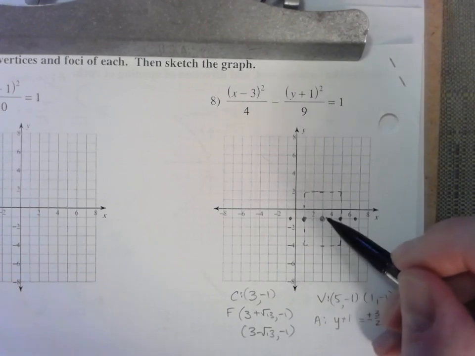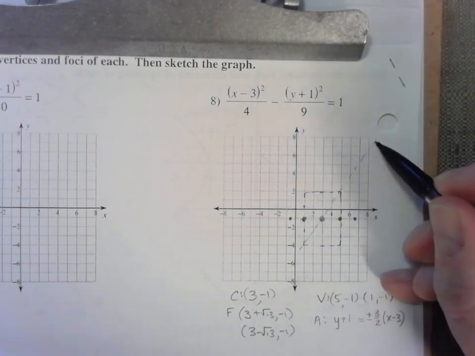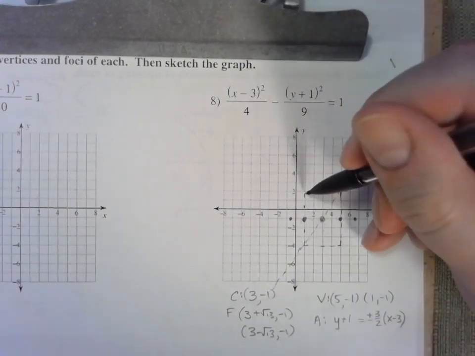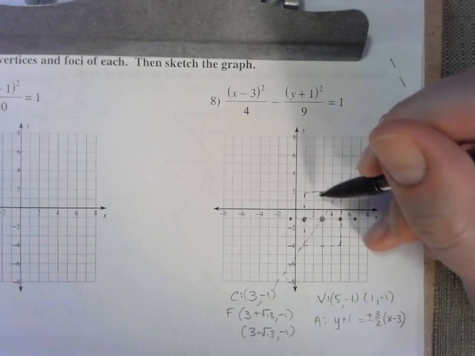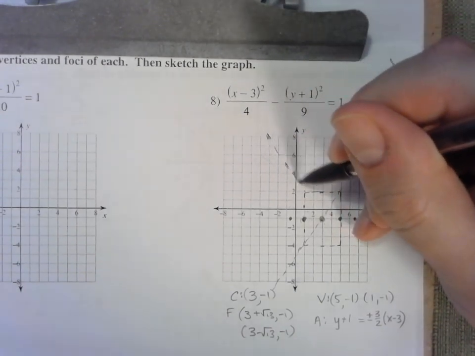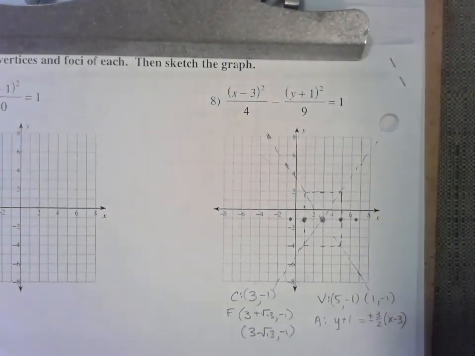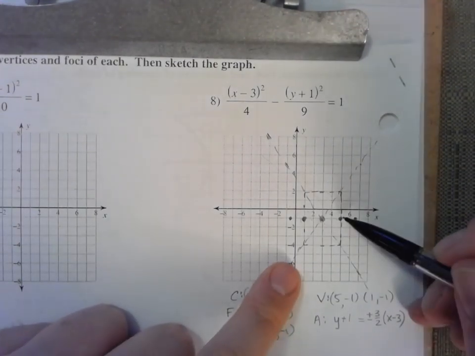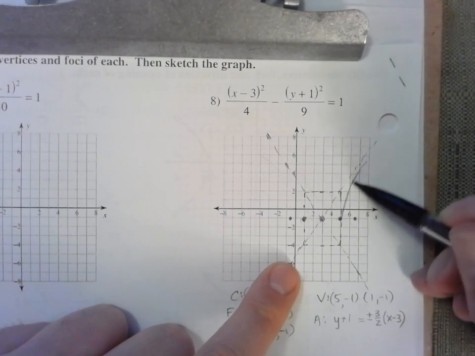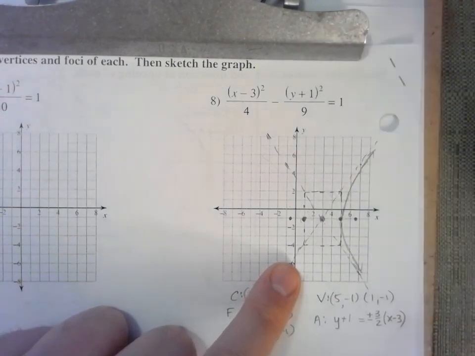Up 3 right 2, up 3 right 2, down 3 left 2. So let's see, if I go up 3 left 2, up 3 left 2, coming through here, down 3 left 2. These are your 2 asymptotes. When you do a sketch, the farther you go to the right, the closer you get to these asymptotes.